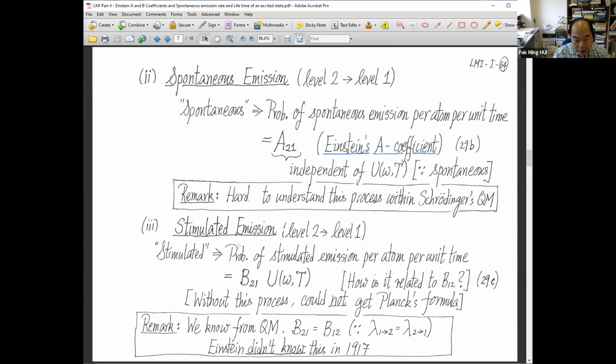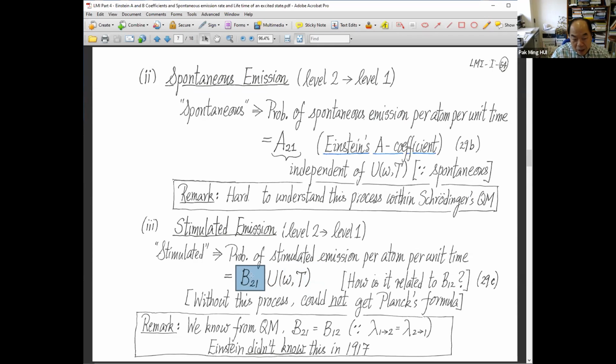How about the new thing that Einstein proposed, stimulated emission? Same thing. Because it's stimulated, it must be proportional to U. And therefore, Einstein introduced his third coefficient called B21, because it is emission from 2 to 1. At this point, there's no relation between B12 and B21.